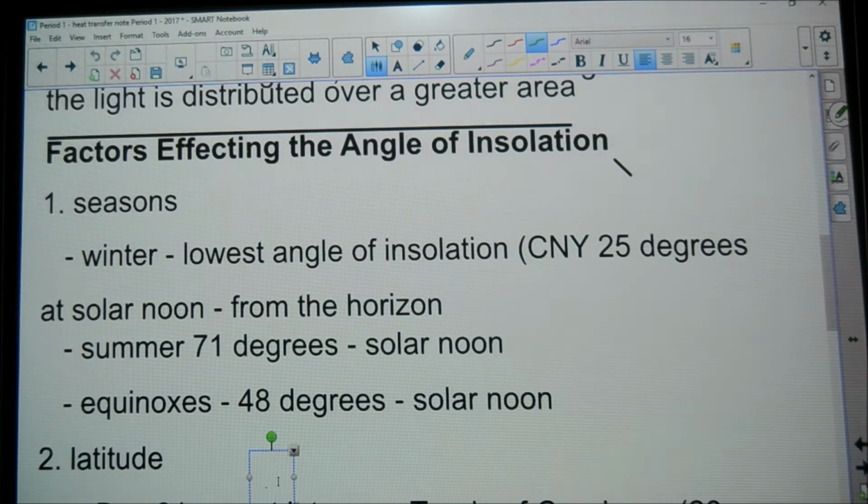But it's going to be, for us, June 21st, around 71 degrees from the horizon. So that one's going to be when we have our greatest intensity. Obviously, our equinoxes are in the middle. So you're looking around, for us here in Central New York, around an angle of 48 from the horizon. Latitude.